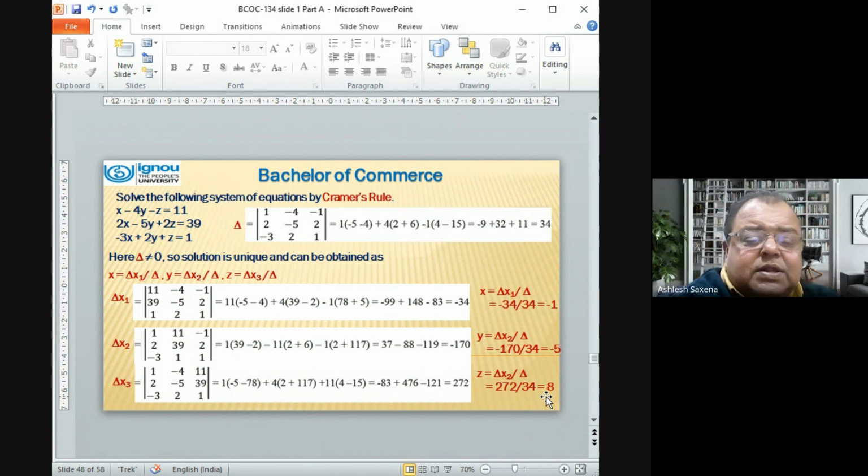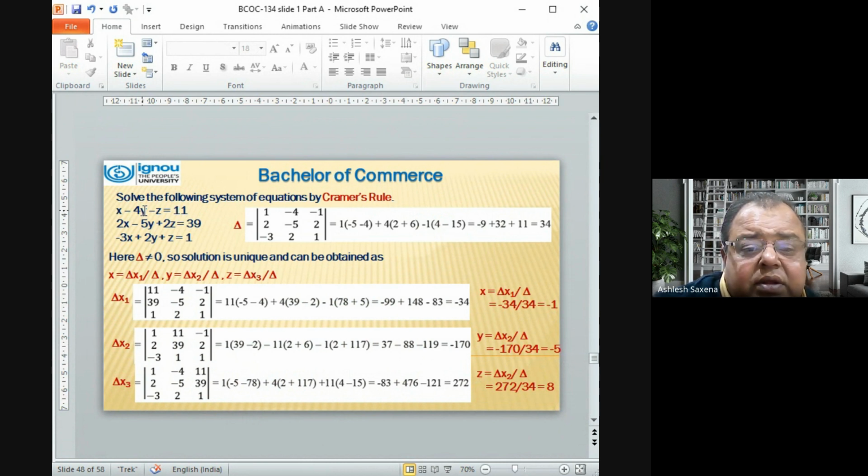When I'm putting x is equal to minus 1, y is equal to minus 5, z is equal to 8 in this equation, what am I going to get? Minus 1 plus 20.